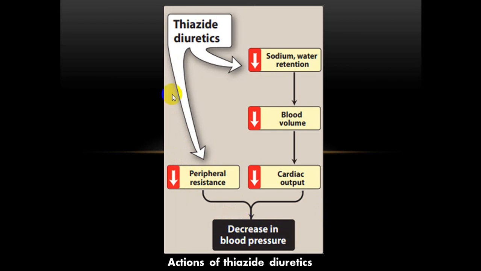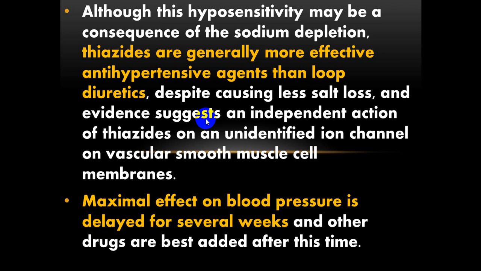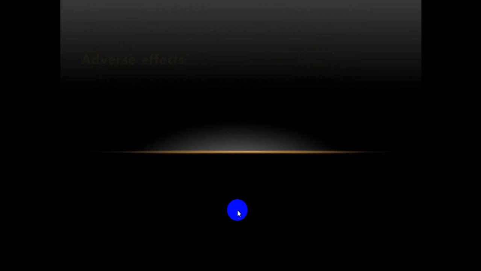This is the mechanism of thiazide diuretics. Although this hypotensive effect may be a consequence of sodium depletion, thiazides are generally more effective antihypertensive agents than loop diuretics. So this is a very important characteristic of thiazides. Maximal effect on blood pressure is delayed for several weeks.